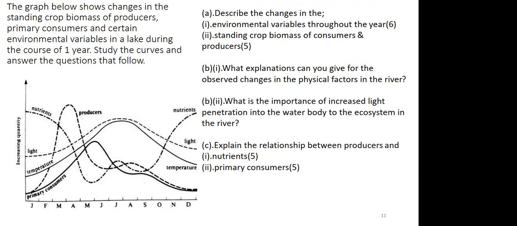Then from March to around July, it's almost constant. Then from July to August, it increases gradually. Then from August to December, we see it decreasing gradually. Yes. Thank you, Hope. That was a good contribution.